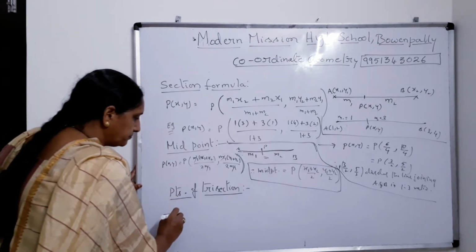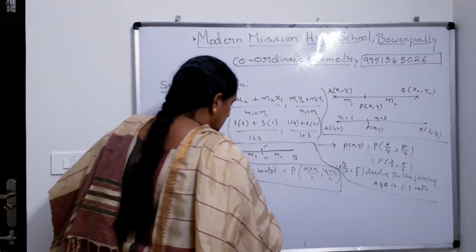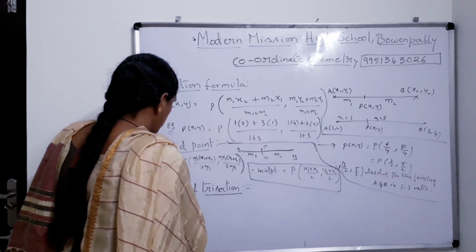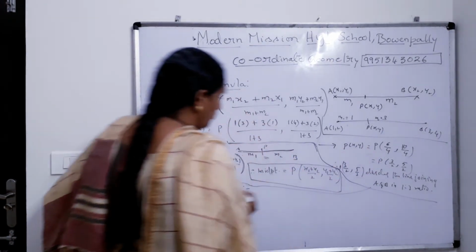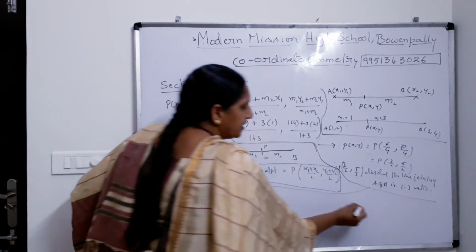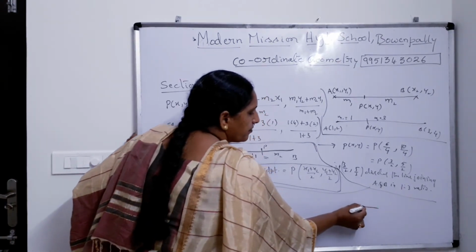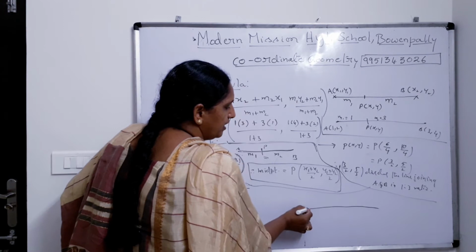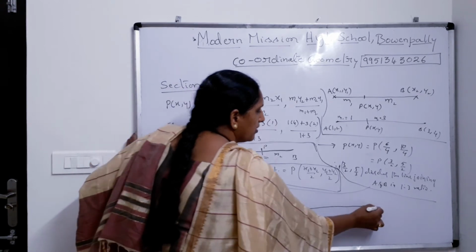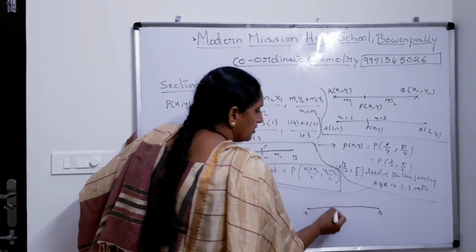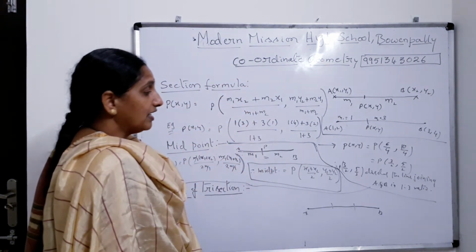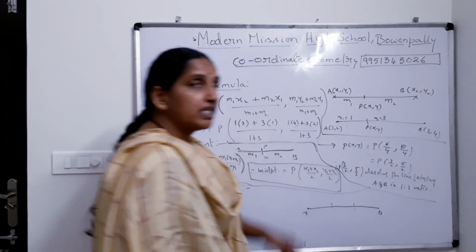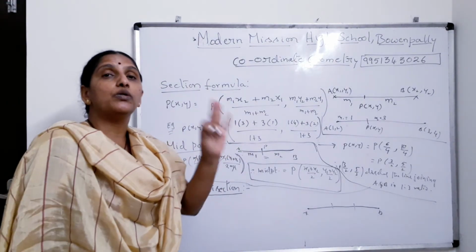What is that? So let us end with this. Now points of trisection. If you take a line joining A and B, if 2 points divide the line joining A and B in 3 equal parts.